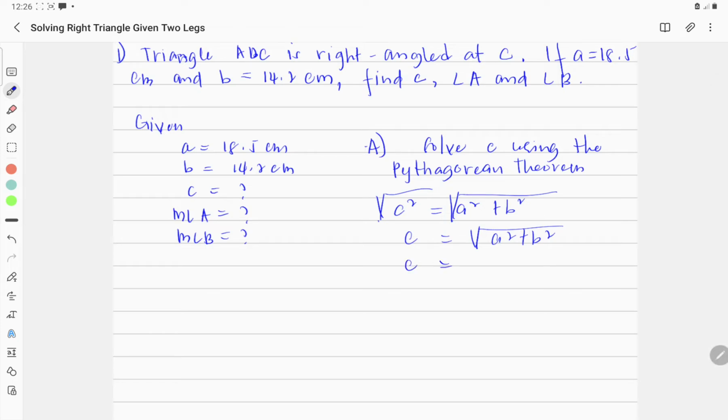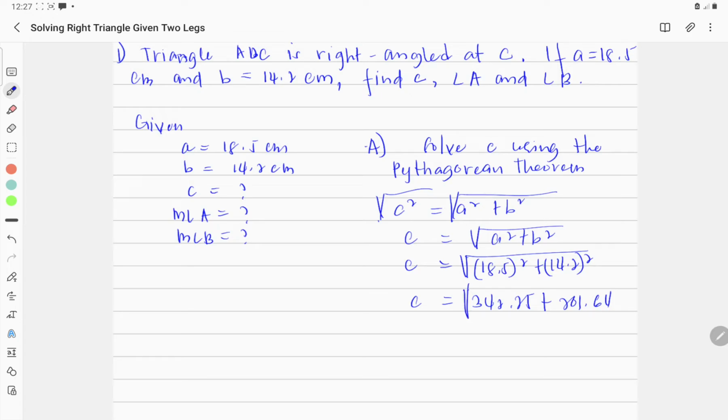So with this, you can now plug in the values. C is equal to the square root of 18.5 squared plus 14.2 squared. So C is equal to the square root of 342.25 plus the square of 14.2, that is 201.64.